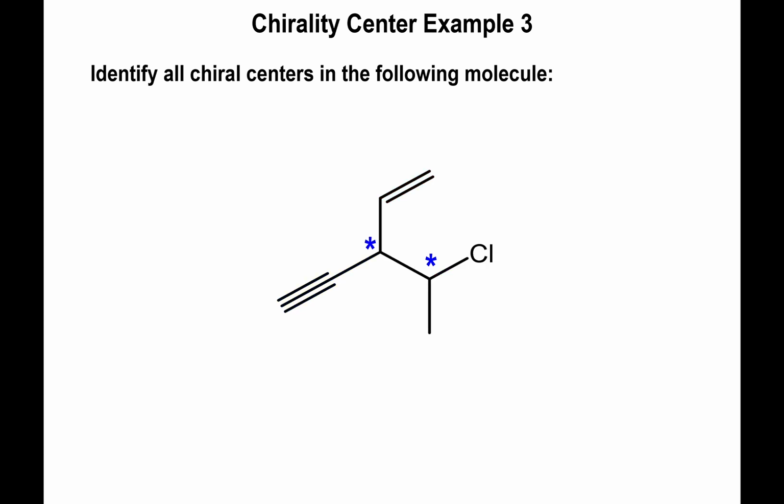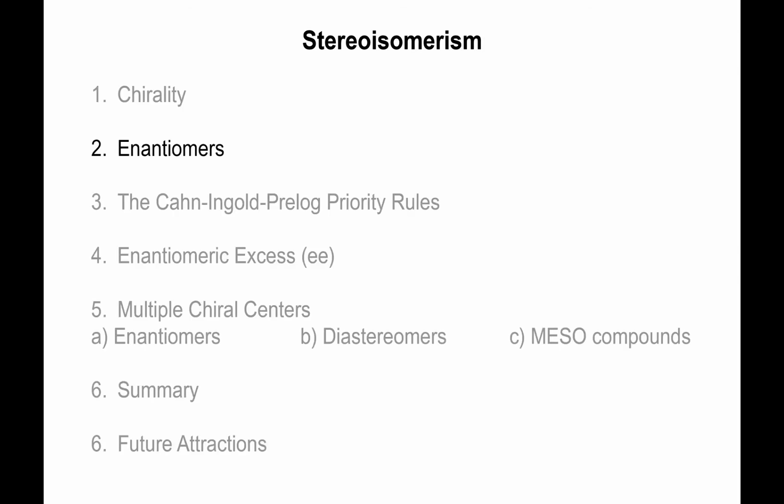So that's also chiral. So sp3 carbons could potentially be chiral, and not only that, but notice that this carbon here is chiral, including that alkene and alkyne functionality as part of the different groups, right? But the alkene and alkynes themselves are not chiral. So I just want to make that distinction very clear right now.